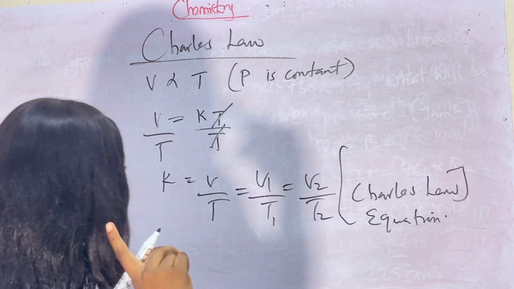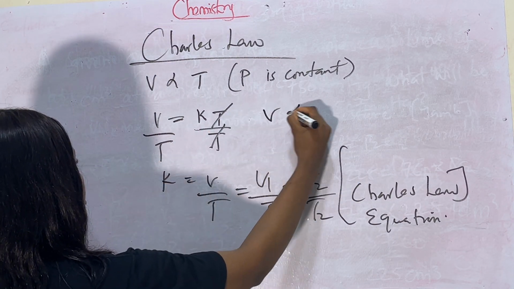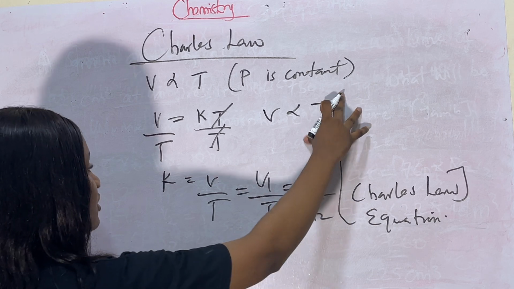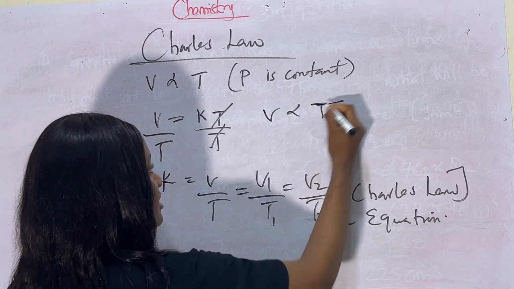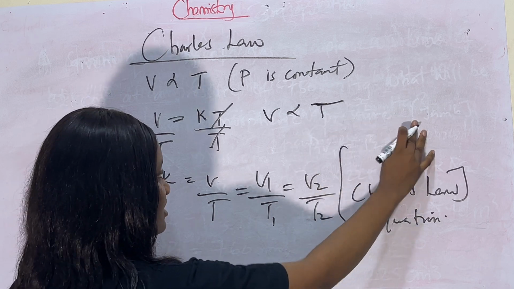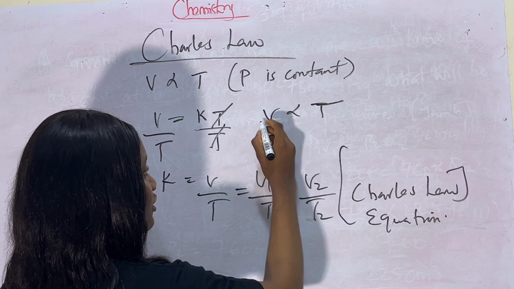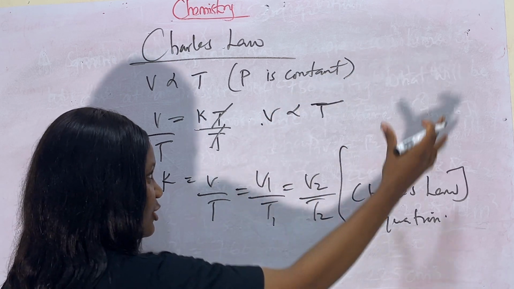Like I said in the overview of this topic, when you increase the temperature of a substance, the freedom is going to increase. The disorderliness is going to increase. Hence, it is going to occupy more space. So, volume is the space a gas occupies.